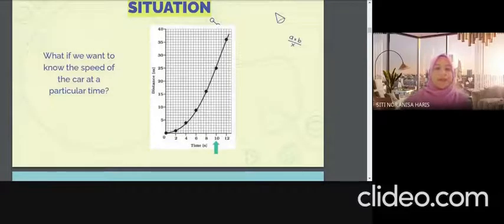If we have a linear graph, we are able to find the slope at any point on the straight line. However, for the curve graph, we cannot simply do that. We will not be able to find the exact slope at a single point on the curve. So the best way that we can do is to find the average rate of change for the particular point.